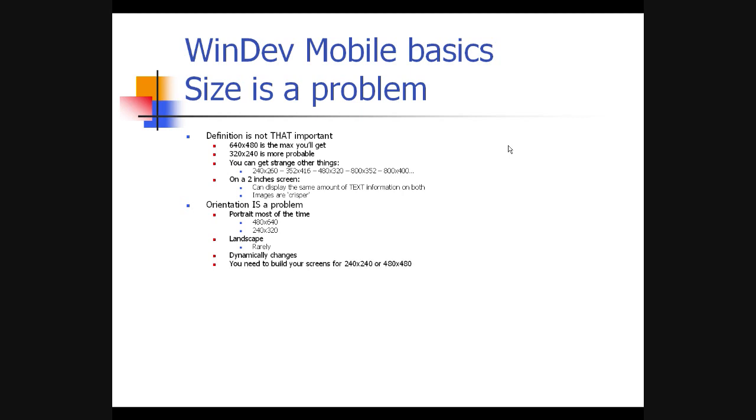So when you're building your screen, you have to build your screen for the minimum value available. If you're dealing with a 320 by 240 screen, then you need to build your windows in 240 by 240.